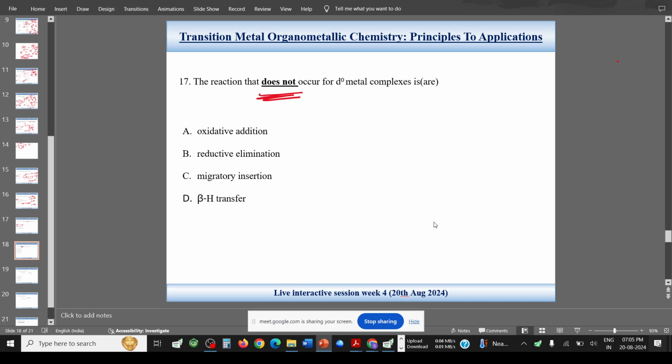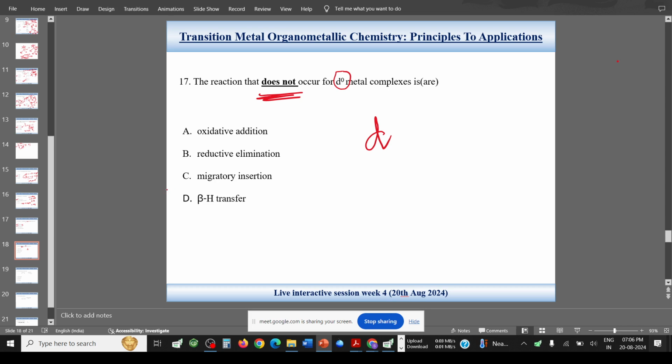Reductive elimination, sir. Okay. So another thing, as I told before, is that you can use the option elimination approach. As we are talking about the d0 metal, that means we are talking about the electrons.